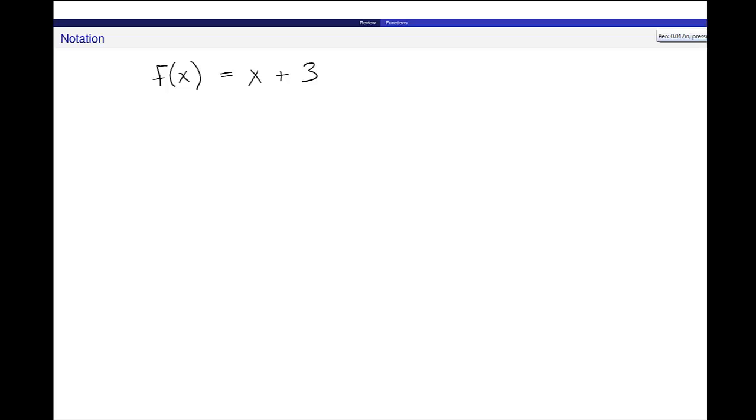This is read out loud, or you'll hear me say, f of x. In this case, x is the input parameter, and we also call x the independent variable.